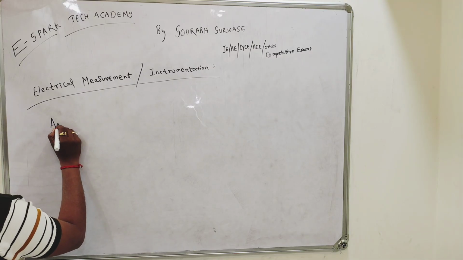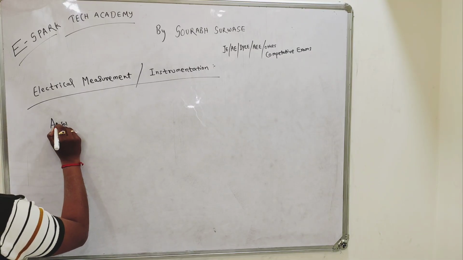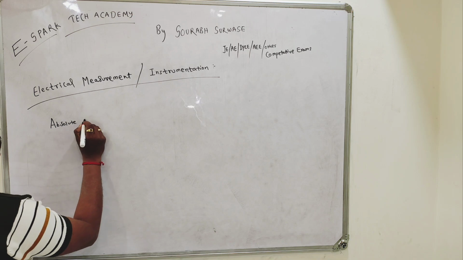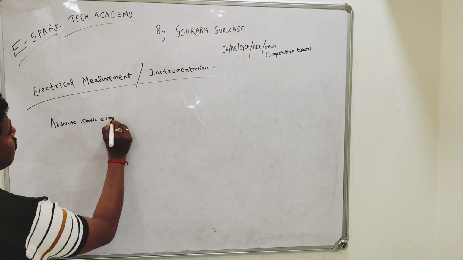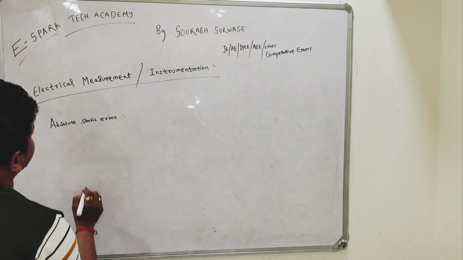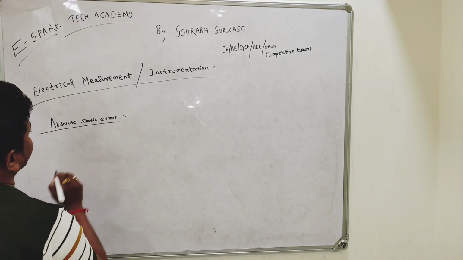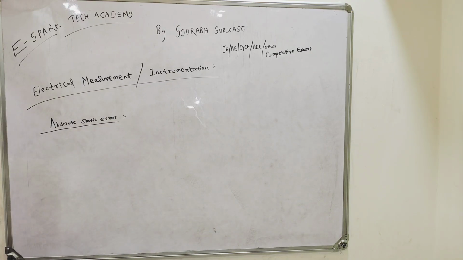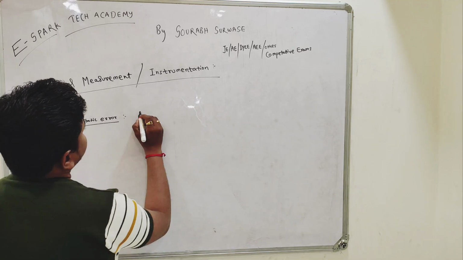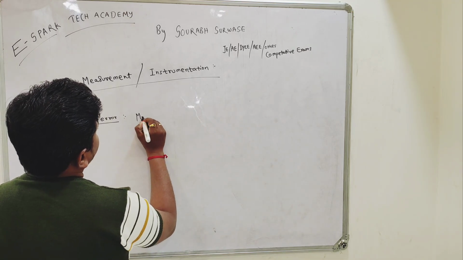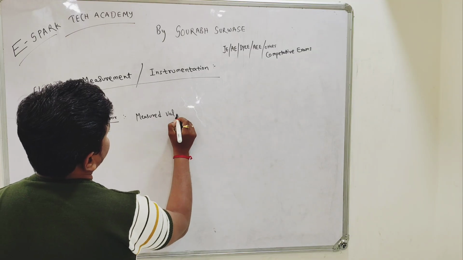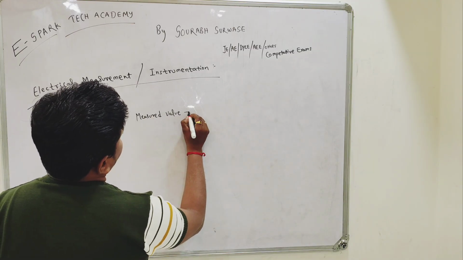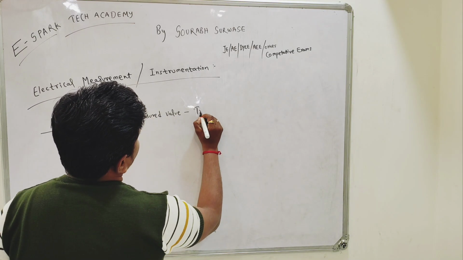Absolute static error. What will it be? Absolute static error will be measured value minus true value.